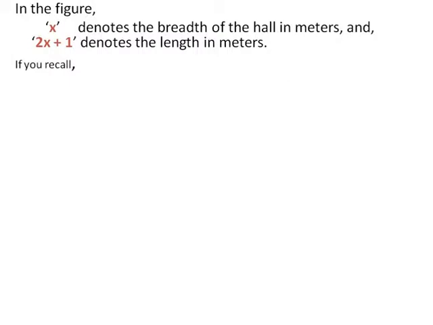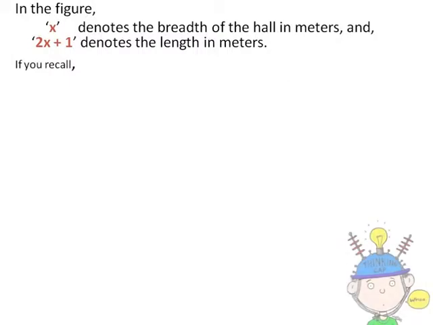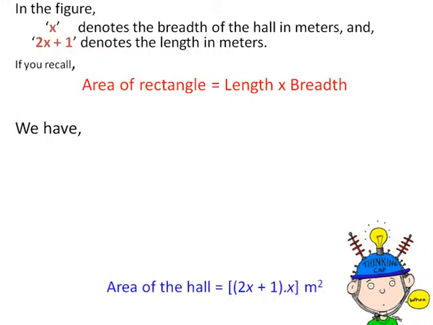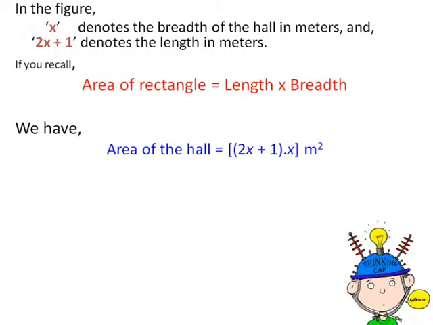If you recall from your previous class, area of a rectangle is given by the multiplication of its length and its breadth. So we have area of the hall is equal to length of the hall into breadth of the hall, or (2x + 1) × x. If you recall, x denotes the breadth and 2x plus 1 denotes the length.